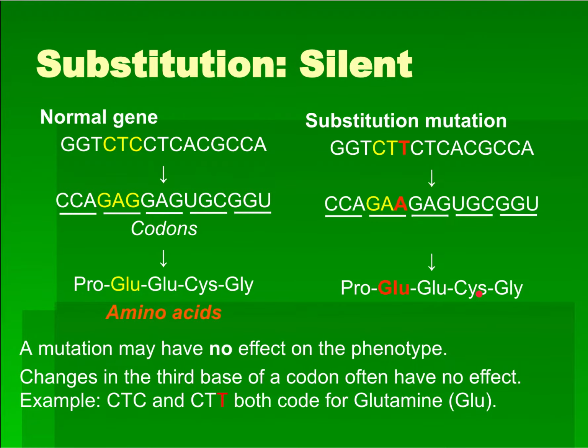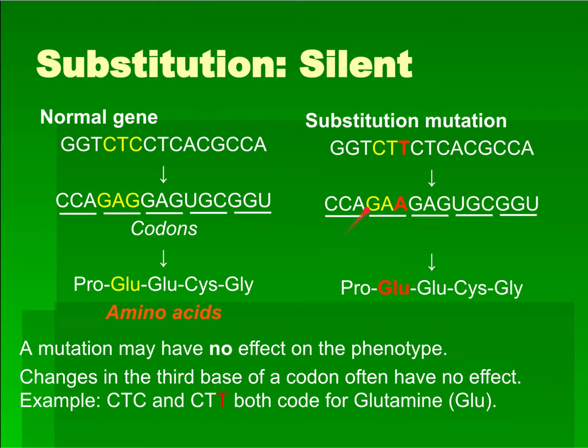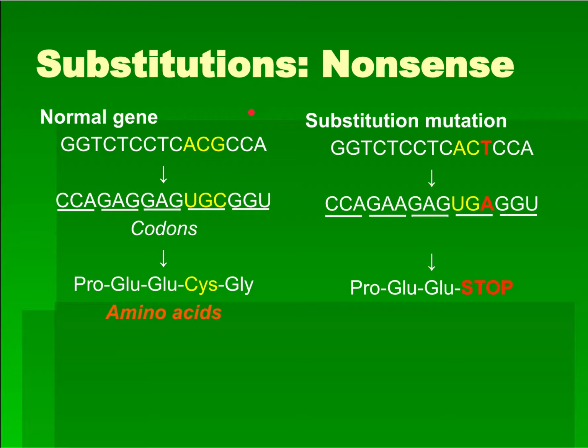It's going to have no effect on the protein chain. Both of these combinations, GAG and GAA, code for the same amino acid. So if there was a change here, it's not necessarily a very big deal. But the code is different. The original message is different. This is what a silent substitution point mutation is.